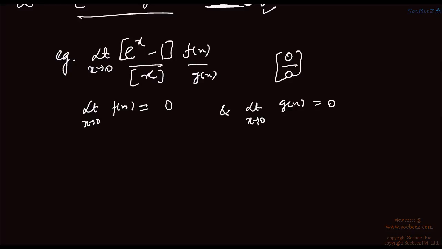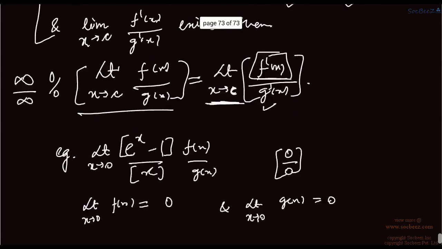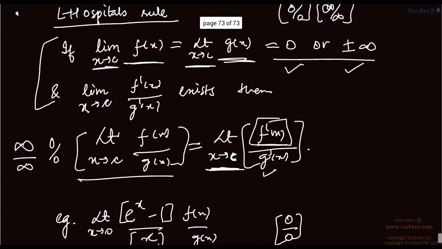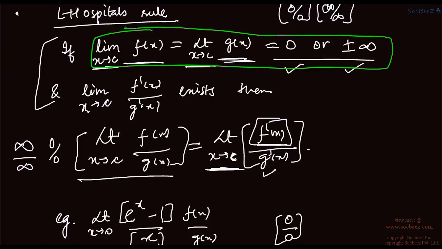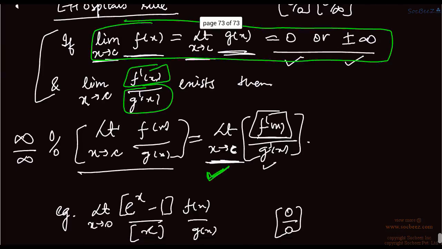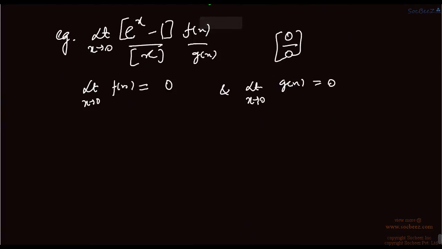So this is a 0 by 0 form. Now what does the L'Hospital rule say? It says that if you have two of these limits tending to 0 or plus minus infinity, then take f dash x and g dash x and see if this limit exists. So we'll just differentiate both the functions.